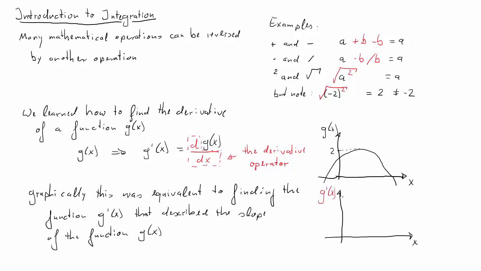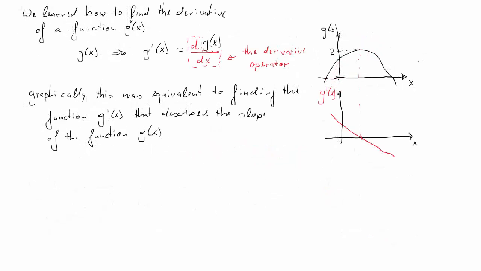We know where the slope of the function is 0, that's here at the maximum, so here we are at 0 for g prime of x. To the left of this point we have a positive slope, and to the right we have a negative. So perhaps that derivative function looks roughly like this. We call moving from g of x to g prime of x forming the derivative, or finding the derivative function.